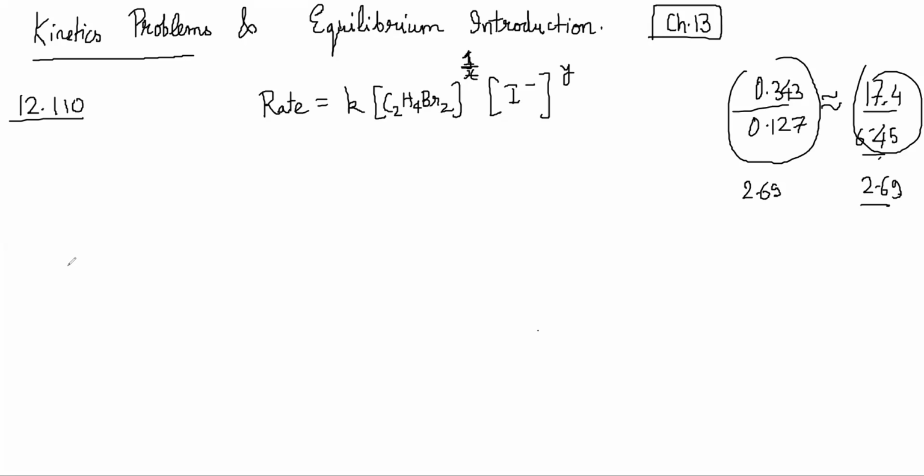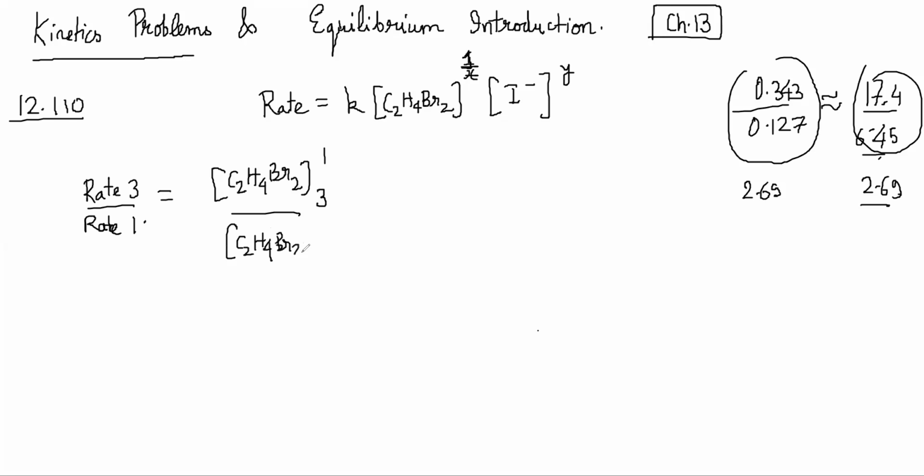You can say rate 3 by rate 1 should be equal to, k will cancel, so it will become C2H4Br2 in 3 by C2H4Br2 in 1 to the power 1, and I minus in 3 to the power y by I minus in 1 to the power y, right?